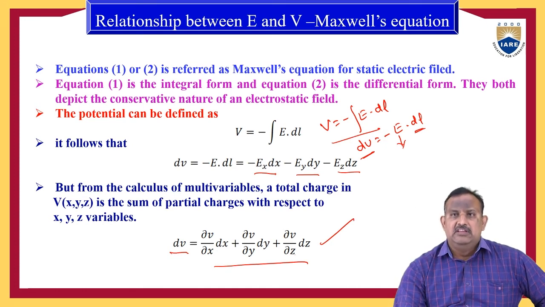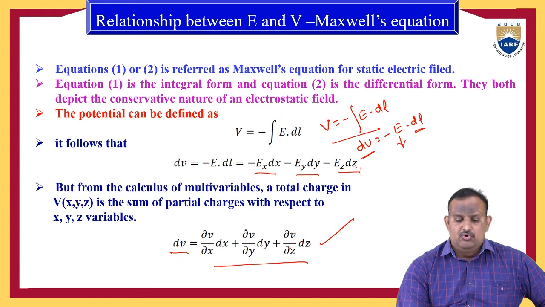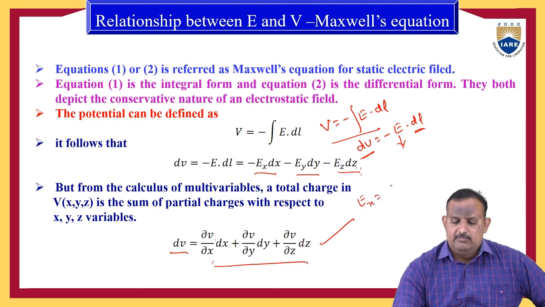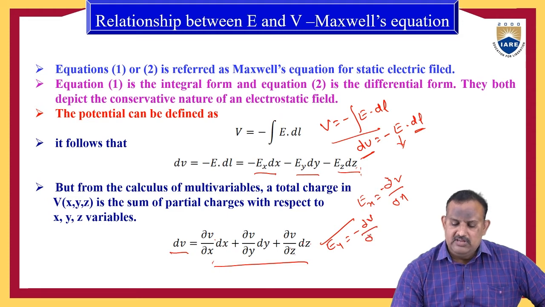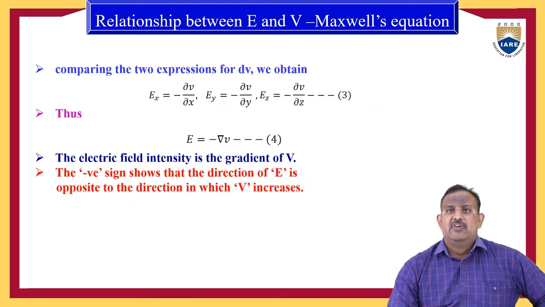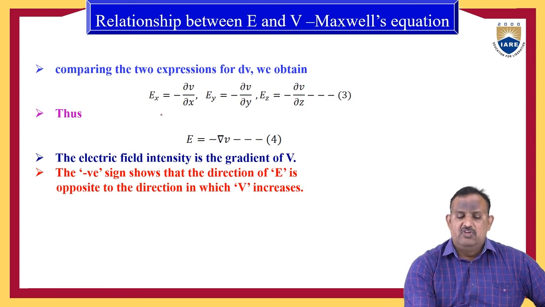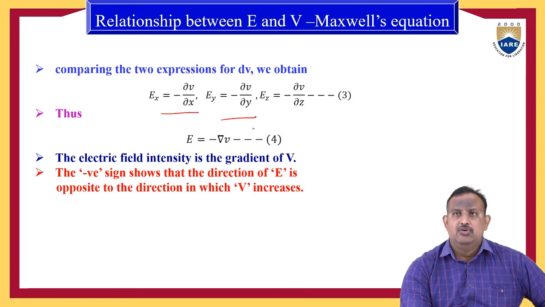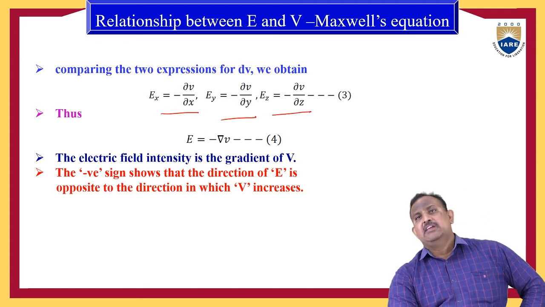So if you compare these two equations, then we can express Ex equal to minus dou V by dou x, Ey is equal to minus dou V by dou y, and Ez is equal to minus dou V by dou z.